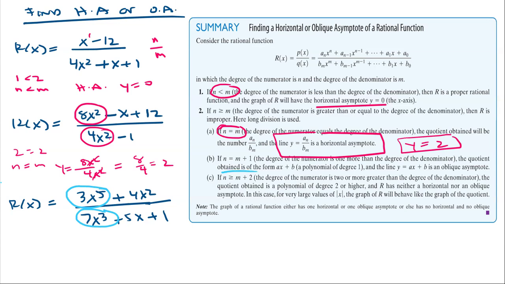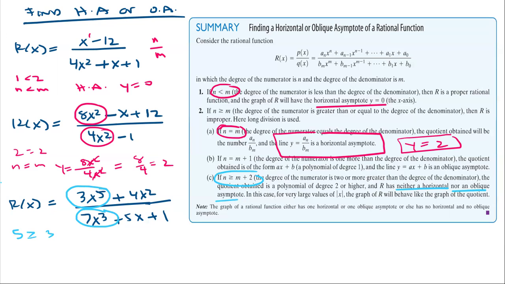Well, it's going to be part C, right? When it says n is greater than or equal to m plus 2. 5 is bigger than 3 by 2 or more. This is saying by 2 or more, so that means we have to apply this one. If the power in the numerator is bigger than the denominator by 2 or more, then it says we neither have a horizontal nor an oblique asymptote.